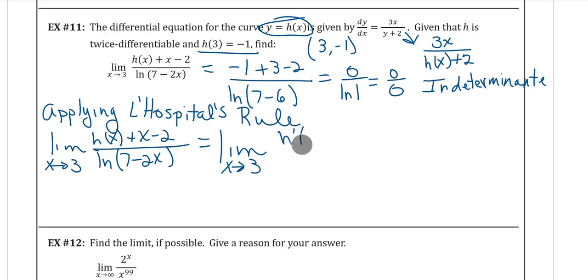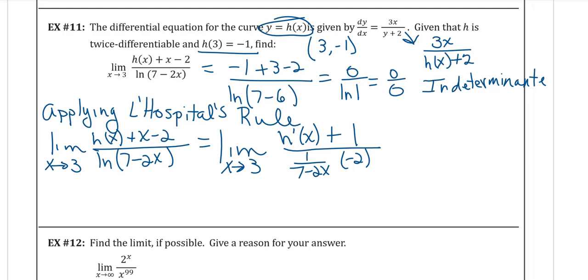So that's going to be h prime of x plus 1 over 7 minus 2x times negative 2.